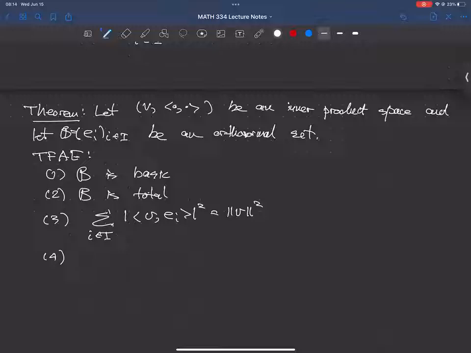Another, which is again equivalent to the previous three, is that this is a formula for the norm of v. I should be clear here, this is true for every v in V. And so the fourth condition is for the inner product of two vectors, u and v.